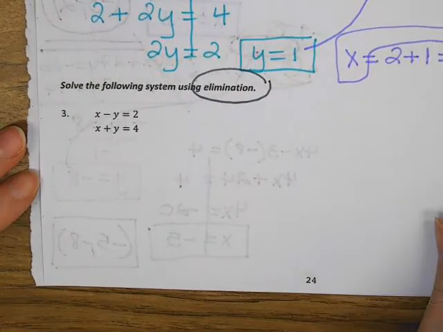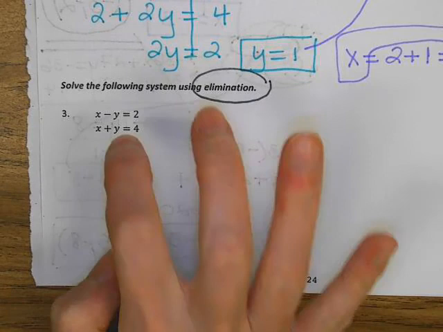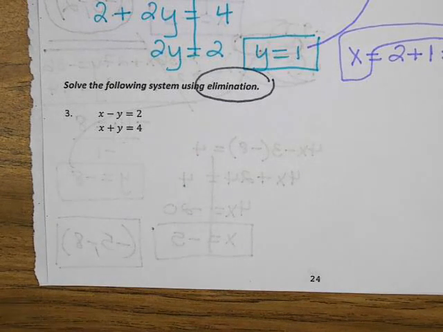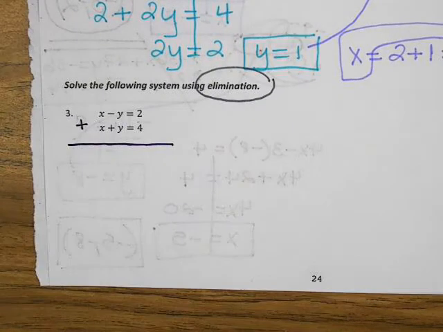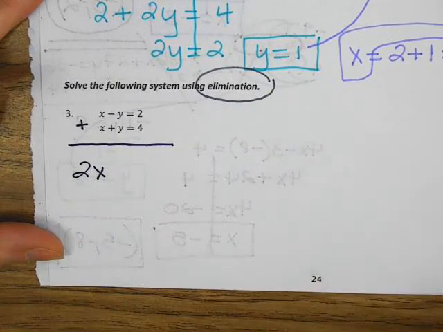All right, and lastly is elimination, and this one was born to be an elimination problem, because what do you already have perfectly? You already have y's that are exact opposites. Negative 1y and positive 1y are already perfect opposites, so we are already ready to add like terms. 1x plus 1x is 2x.